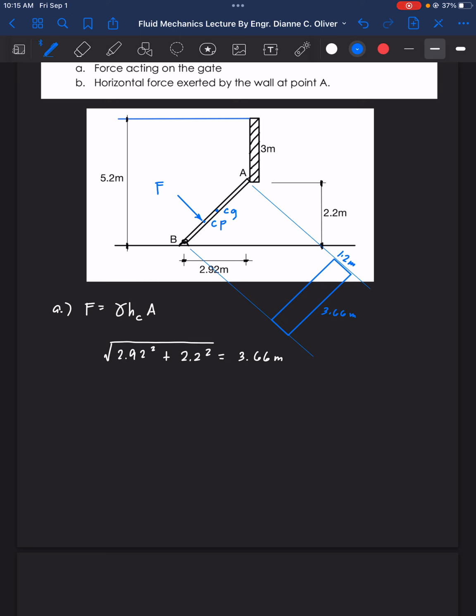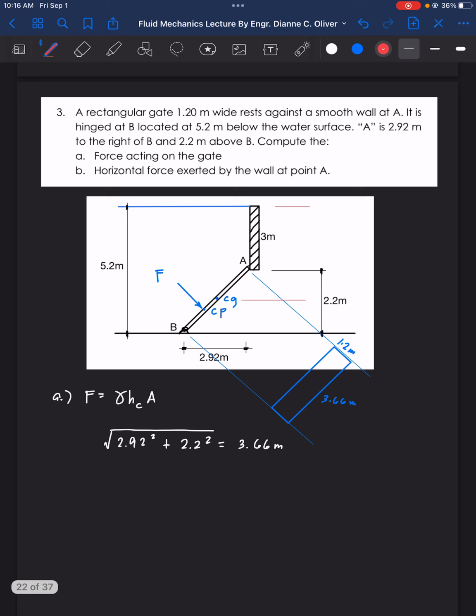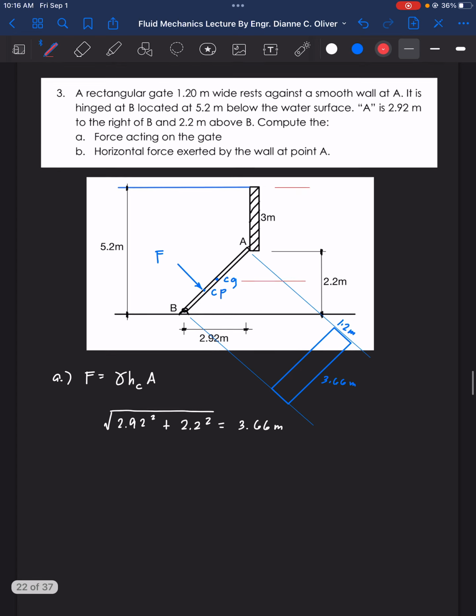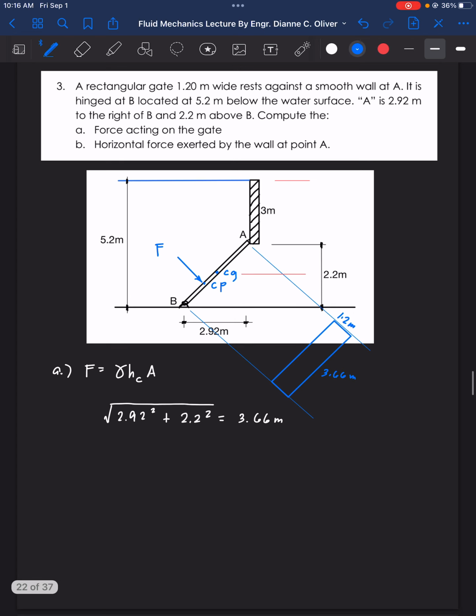Now we need the value for HC. How do we get the HC here? Here is our HC from the center of gravity to the surface of the water. So this is HC.